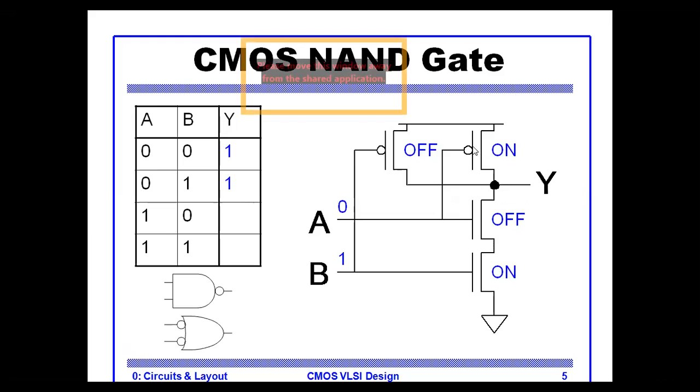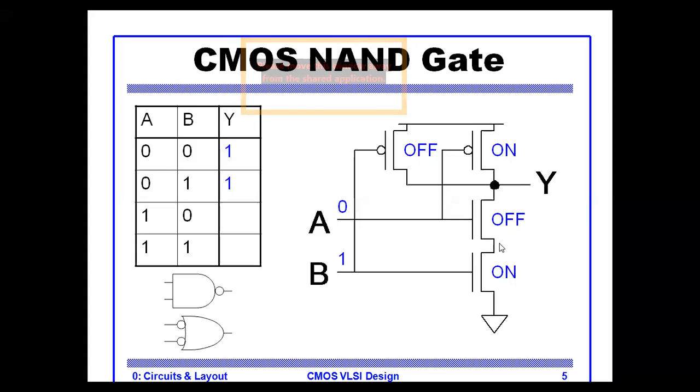It means that one of the transistors is on in this parallel PMOS arrangement, that is, the pull-up network. In the pull-up network, one of the transistors is on, and these PMOS transistors are in parallel. That's why VDD may appear across the Y terminal, at the output terminal, right?